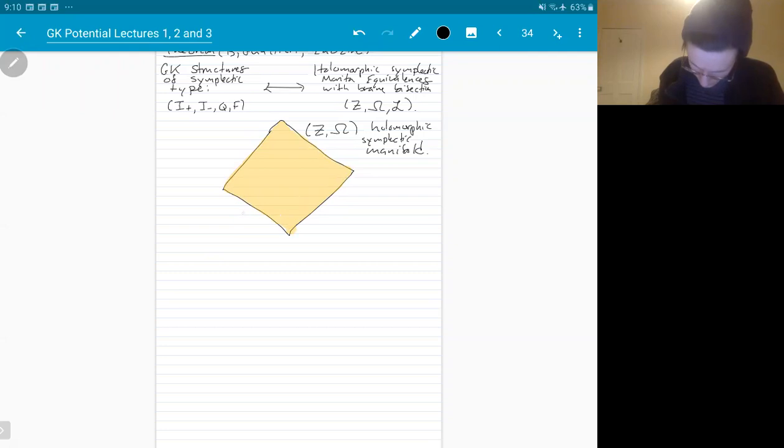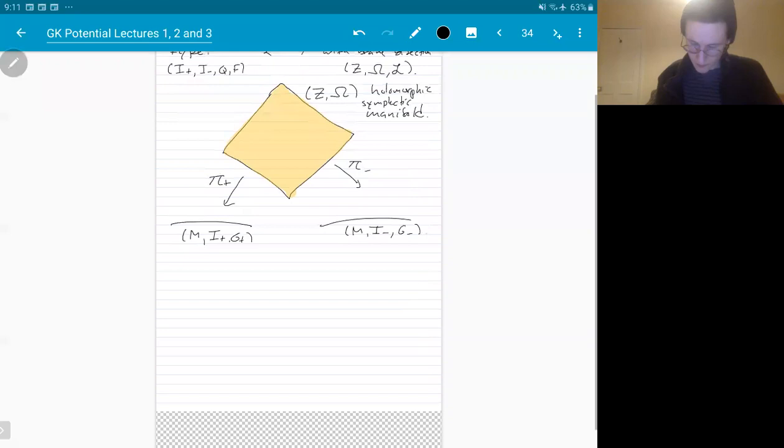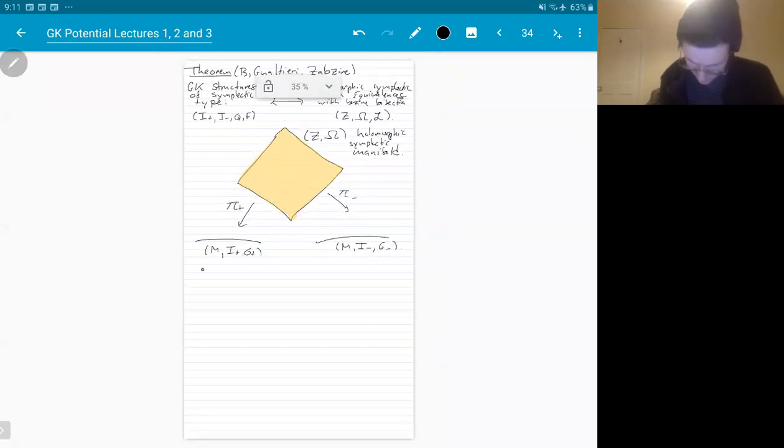First of all, it has these two maps, pi plus and pi minus, and they map to the base manifold M, equipped with the Poisson structures, one of them sigma plus and the other sigma minus. If you recall, pi plus and minus are holomorphic, and they're also Poisson maps.